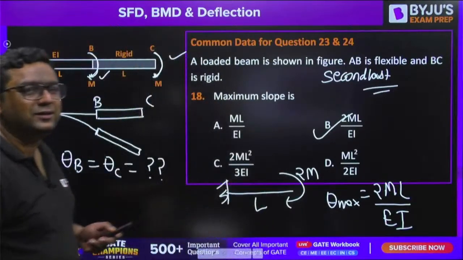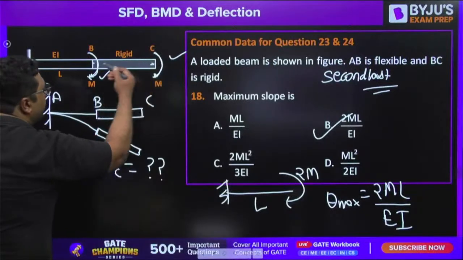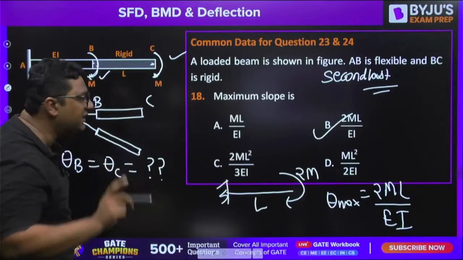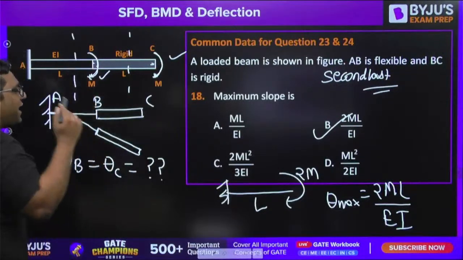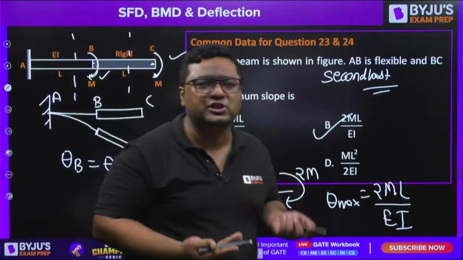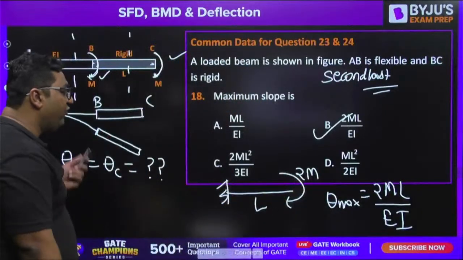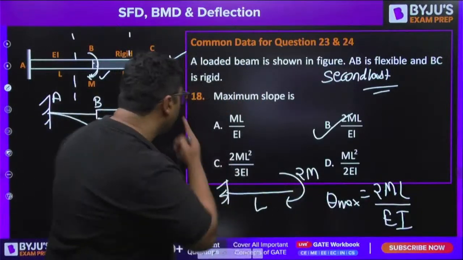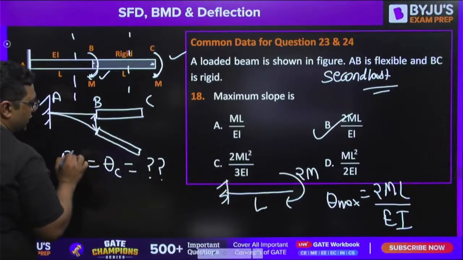Gajodhar, very good. So dear, when we are talking about this C to B, this is a rigid beam. It will not have any deflection. But if you find the bending moment at any section, that is independent of whether the beam is rigid or not. Bending moment will be counted normally. If you are finding deflection, then you will use the same principle of superposition.